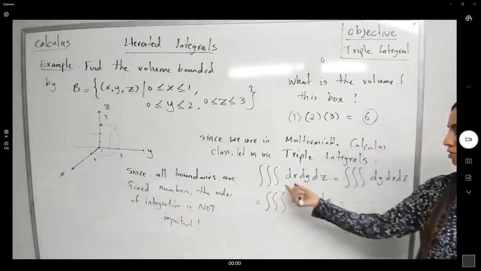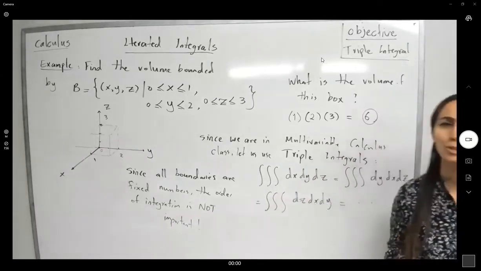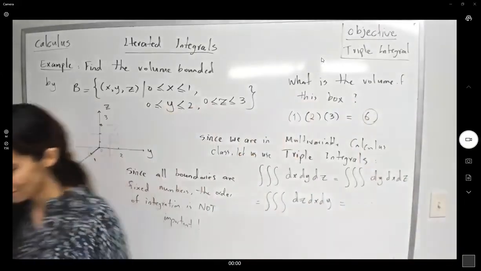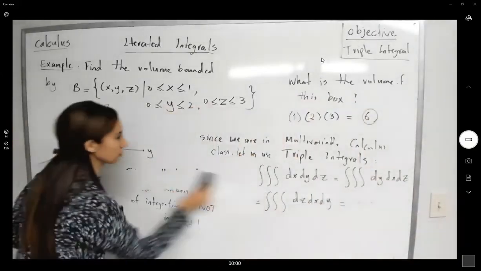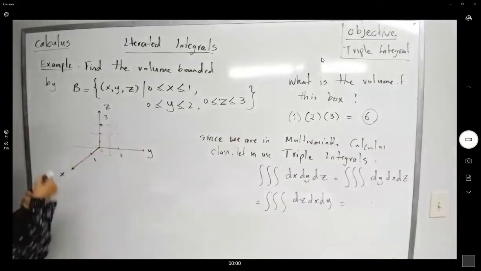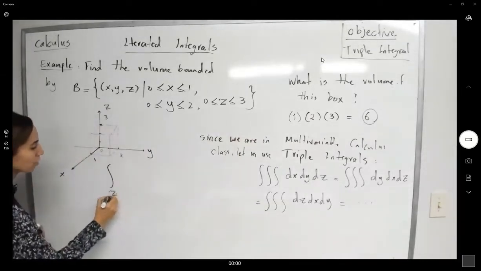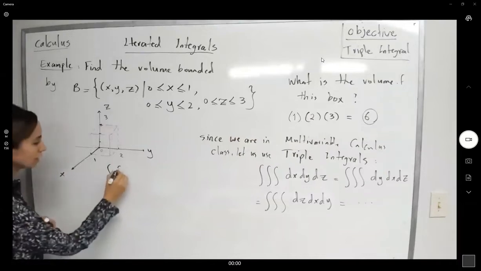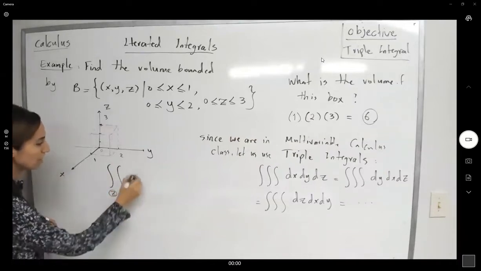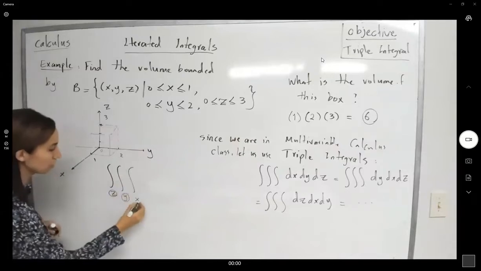Let us use dx, dy, dz, and calculate. We're going to calculate the outer integral with respect to z, the inner integral with respect to y, and the innermost part with respect to x.